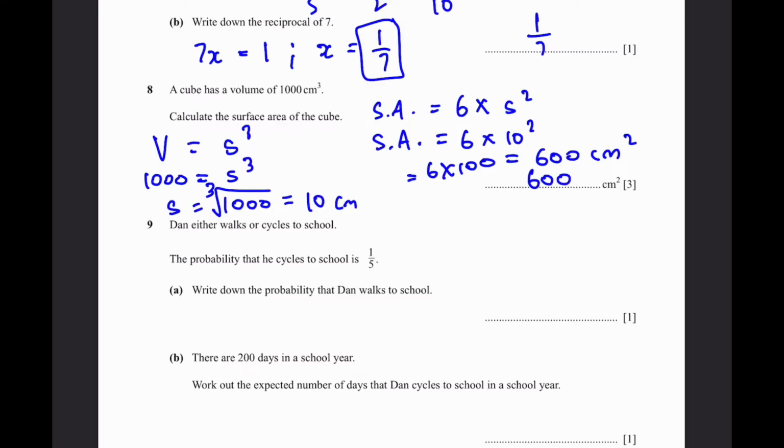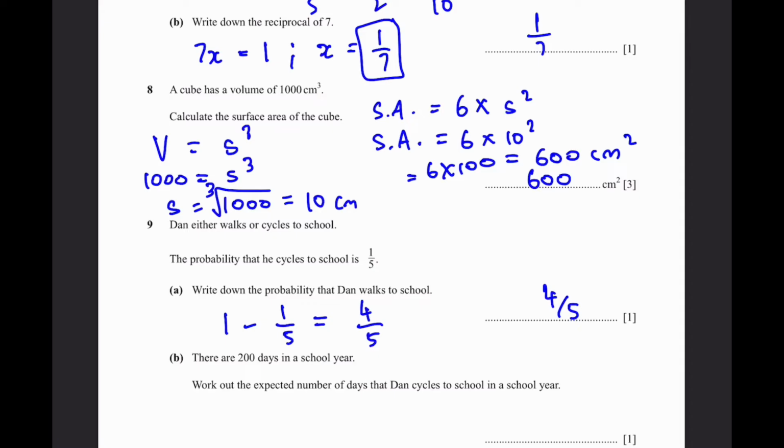Let's move to question 9. Dan either walks or cycles to school. The probability that he cycles to school is 1 by 5. Write down the probability that Dan walks to school. So that is actually just 1 minus 1 by 5, which is equal to 4 by 5. And that's the answer. B, there are 200 days in a school year.